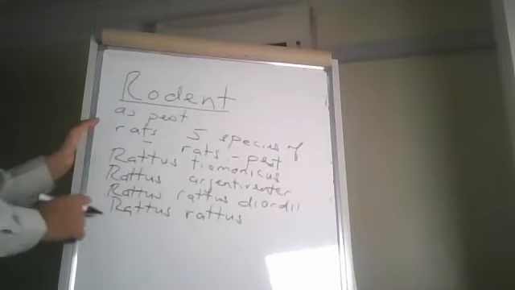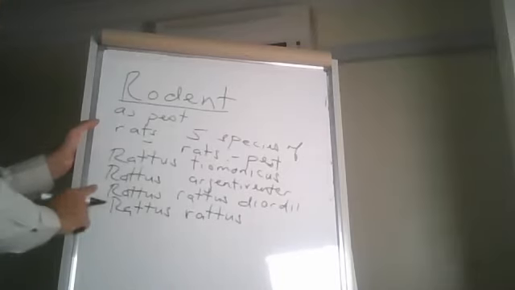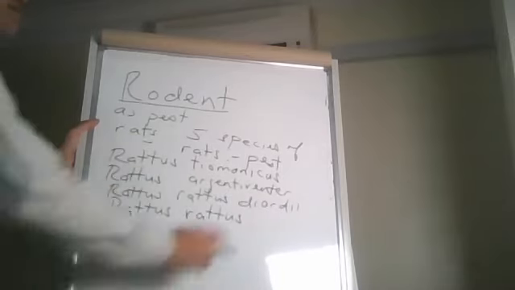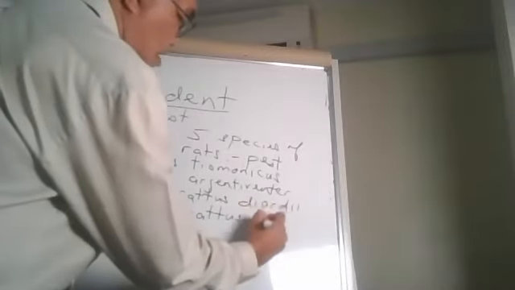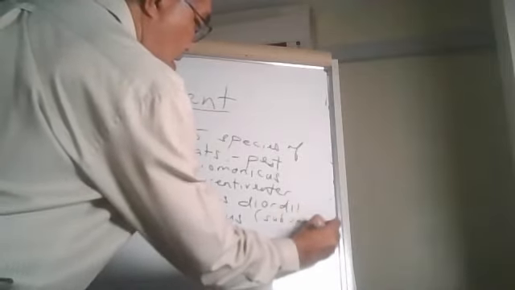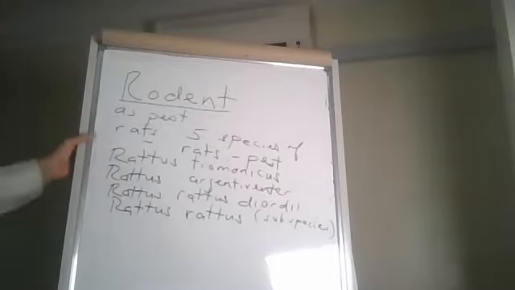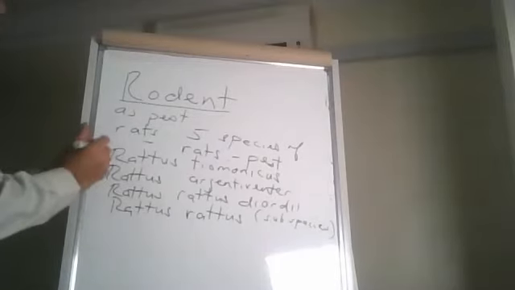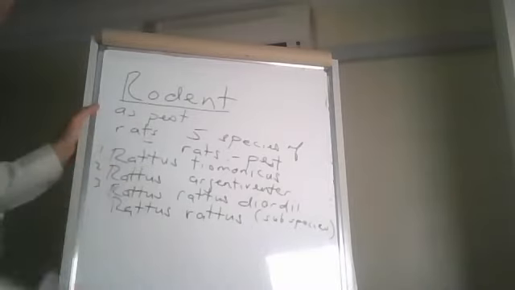The preceding one is Rattus diardii. So this is actually a subspecies of this one. And the first 3, 1, 2, 3, these are agricultural pests.